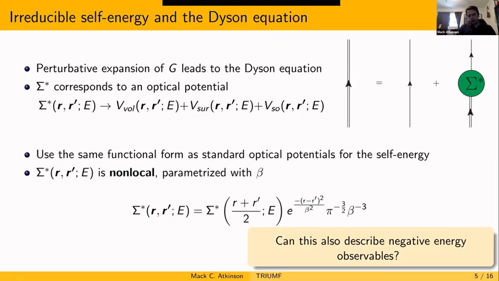And so the question is, it's obvious that this will describe positive energy observables like scattering differential cross sections, as has been done for a while now. But can this also describe negative energy observables?